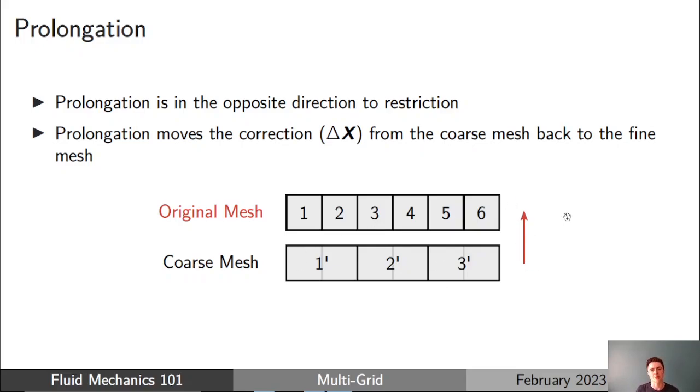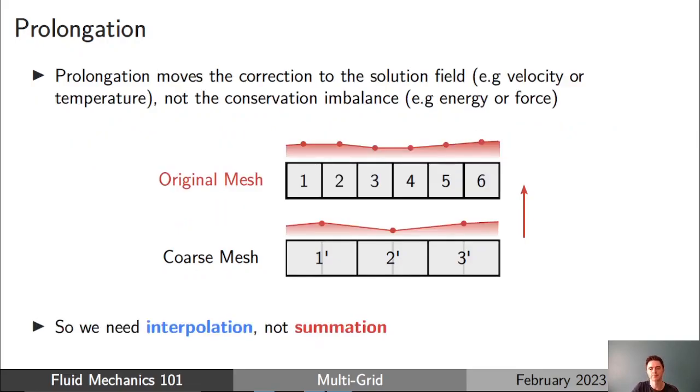So this process, called prolongation, is in the opposite direction to restriction. We're moving delta x back to the original mesh, whereas the residual we move down to the coarser mesh. So how does this look? The key piece of understanding for prolongation, which is often missed out in many sources in the literature, is that when we're using prolongation, we're moving the correction to the solution field.